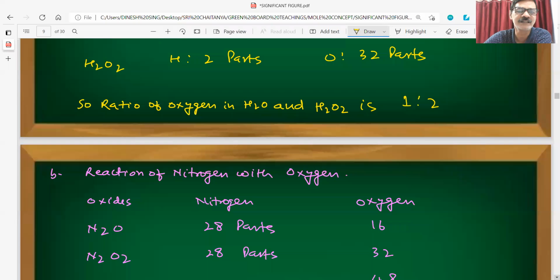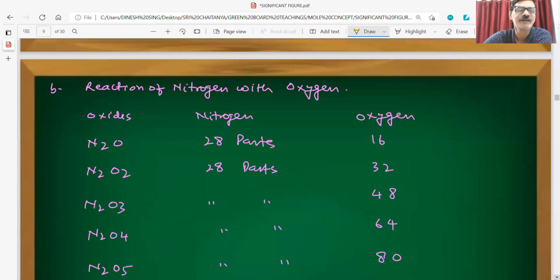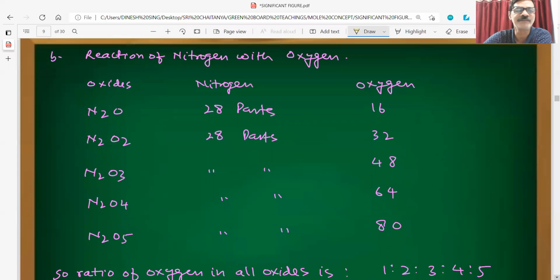Again, we can see another example. Reaction of nitrogen with oxygen forms a wide category of oxides. Many different oxides are forming depending upon the different conditions. First oxide is what? Nitrous oxide, laughing gas.